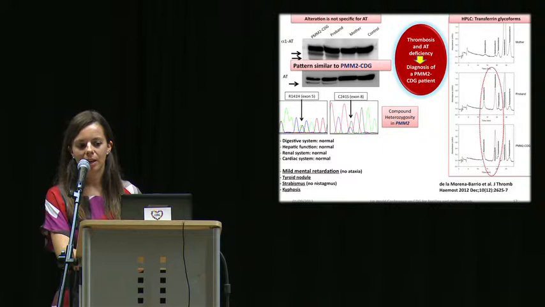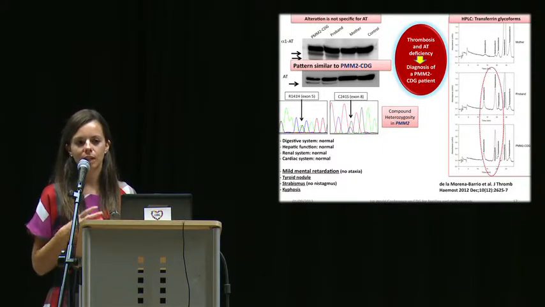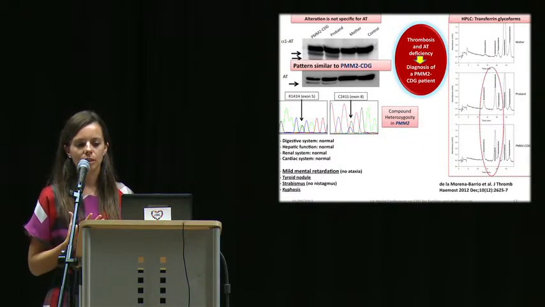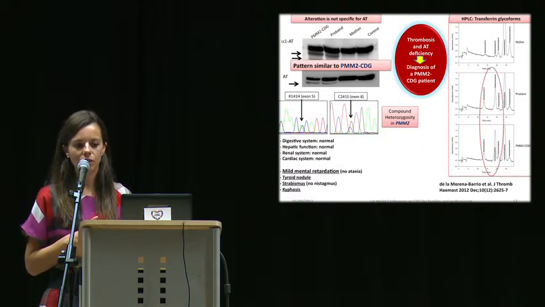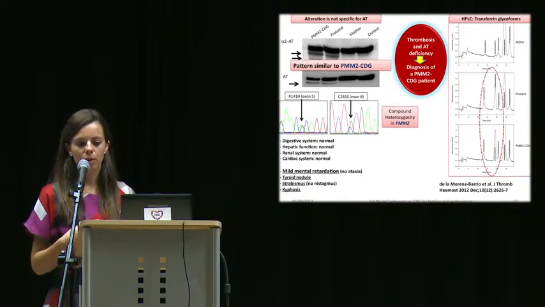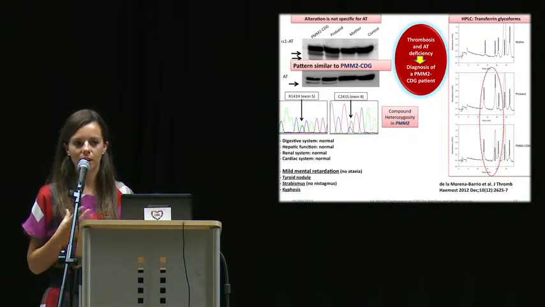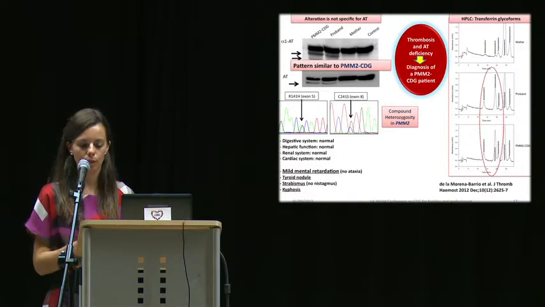But I would like to remark that we have diagnosed a PMM2-CDG based on the thrombotic complication and on the antithrombin deficiency. So that's why we think that this patient has a very high risk, mainly of thrombosis.